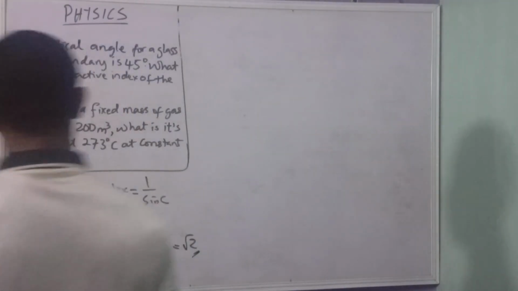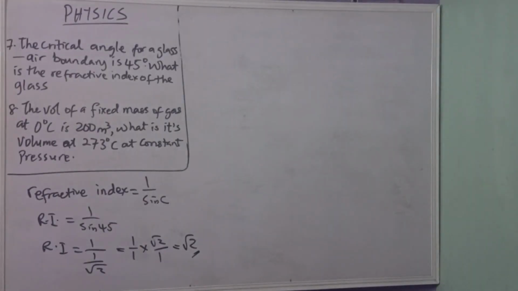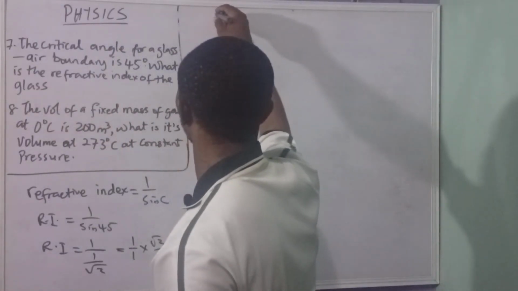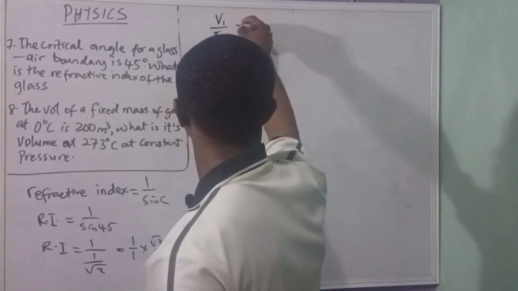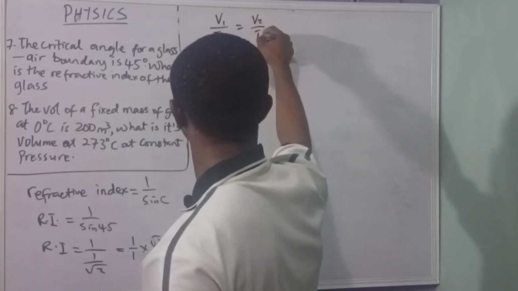Now, the next one says the volume of a fixed mass of gas at 0 degrees Celsius is 200 meters cube. What is its volume at 273 degrees Celsius at constant pressure? Now, applying Charles' law, which says V1 over T1 equals V2 over T2.